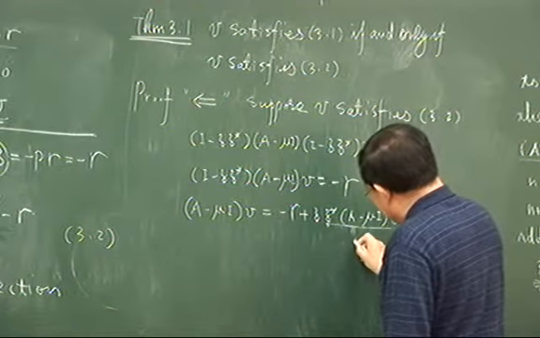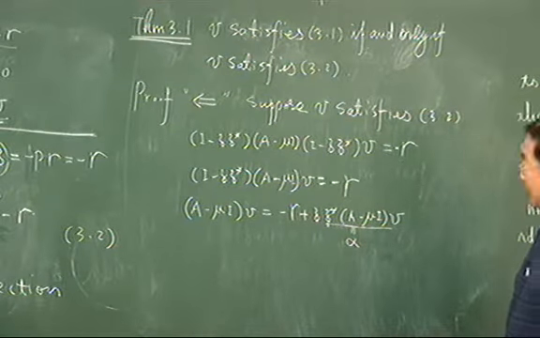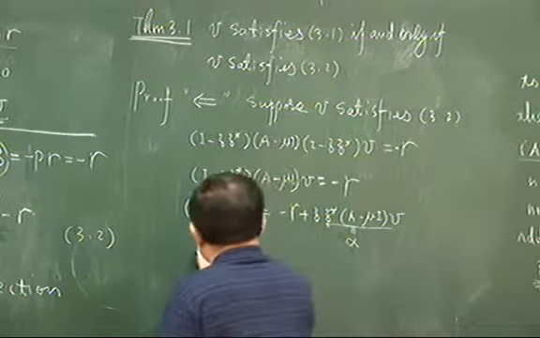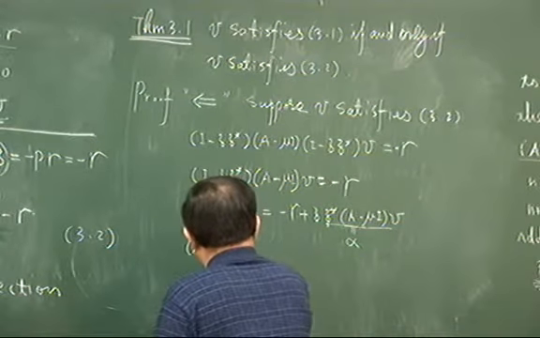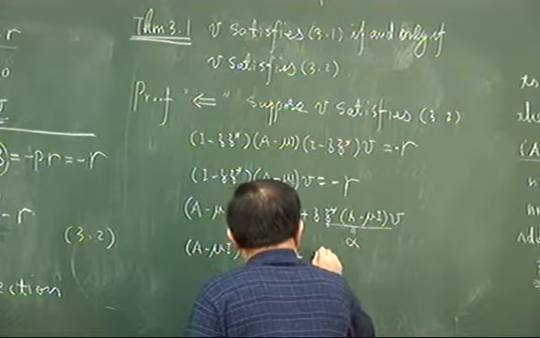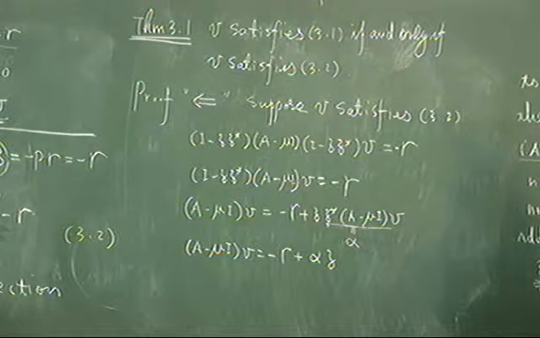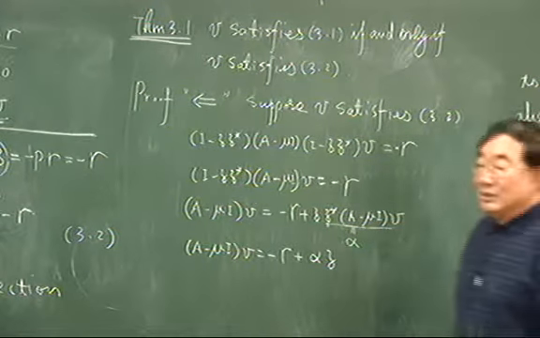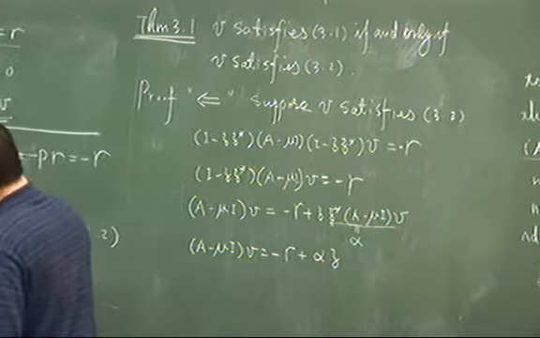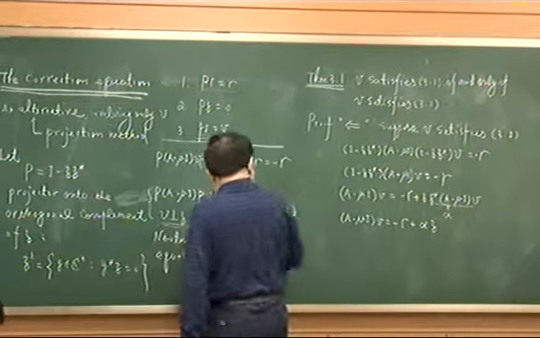We define it as alpha. It's just some scalar. So we have (A − μI) y equal to R plus alpha z. You see, you must satisfy this condition.